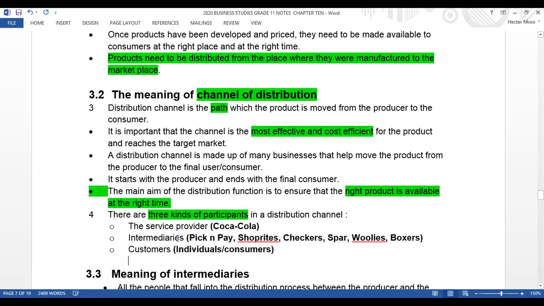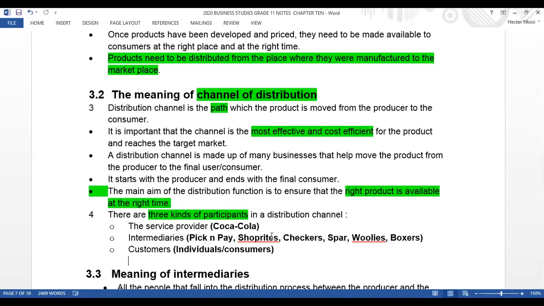They can give you a scenario. Remember, in business studies, we deal with scenarios. So they can ask you to specify the service provider in this case study, who are the intermediaries, and who are the customers or individuals or consumers.